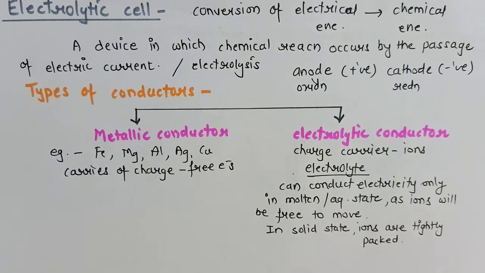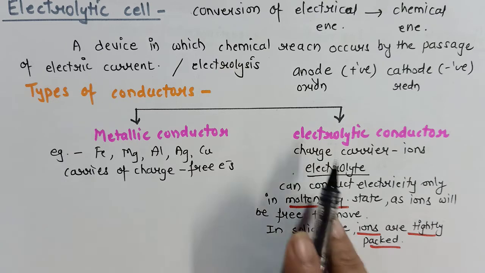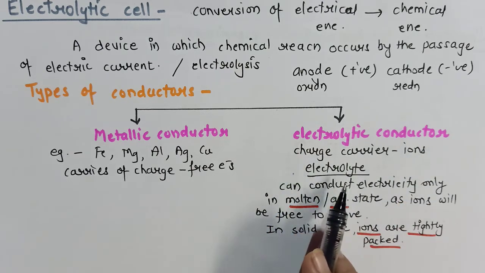In solid state, the electrolytes will not conduct electricity because we know in solid the constituent particles are tightly packed. Then what happens in molten or aqueous state? The ions or the constituent particles become separate, they are free to move and therefore we say they will be able to carry current. Now when we are saying that electrolytic conductors' charge carriers are ions, then we must know the types of electrolyte.